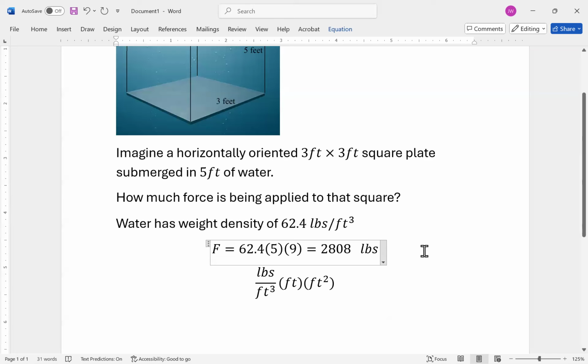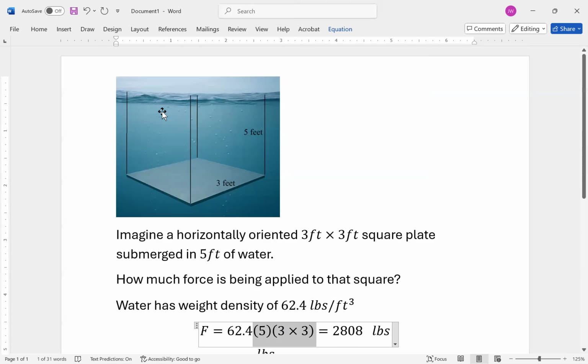So there it is. Now, if you think about this, 9 came from 3 by 3, the fact that the area of this square plate was 3 by 3. If you look at this 5 times 3 times 3, that is actually just the volume of this cube of water that's above the square. So notice these lines here.